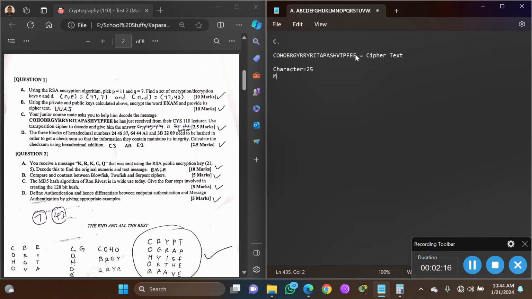Now we need to know the matrix for this same cipher text. To know the matrix, you need to ask yourself which numbers you can multiply to get 25.